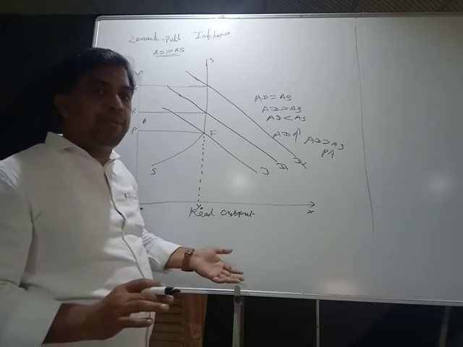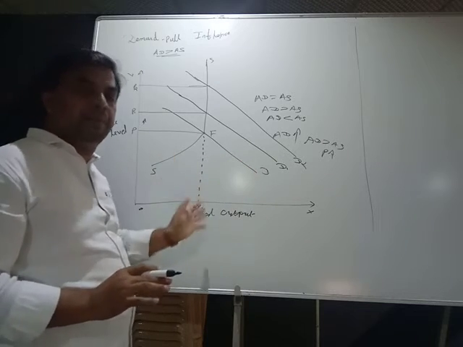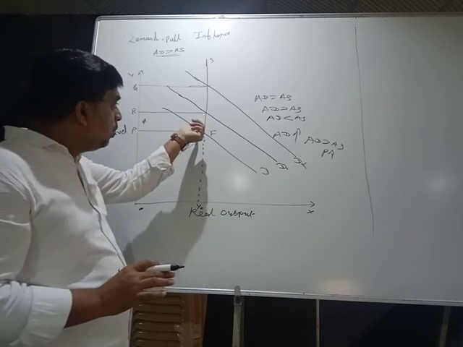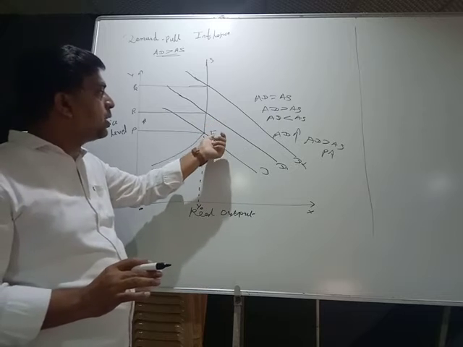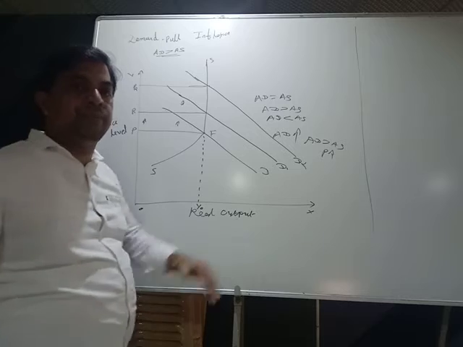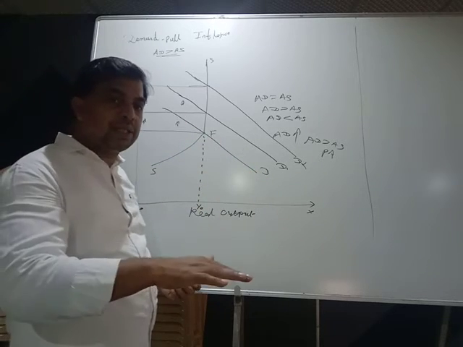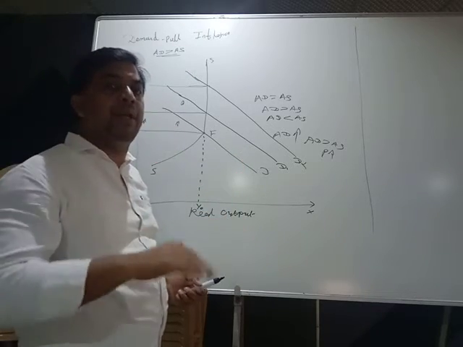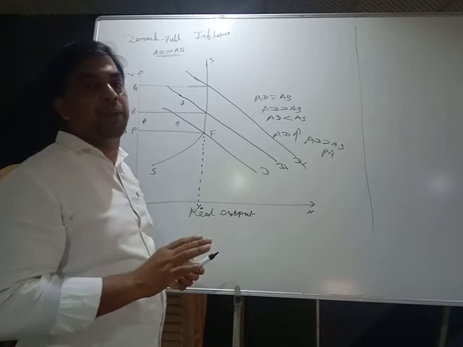And in this situation, if demand increases, what will happen? Demand exceeds supply, aggregate demand exceeds aggregate supply. So you can see that the increase in demand pulls the price upward. Therefore, it is known as demand pull inflation. Excess demand over supply of goods and services pulled up the price level to a higher level, and that is why this is known as demand pull inflation.